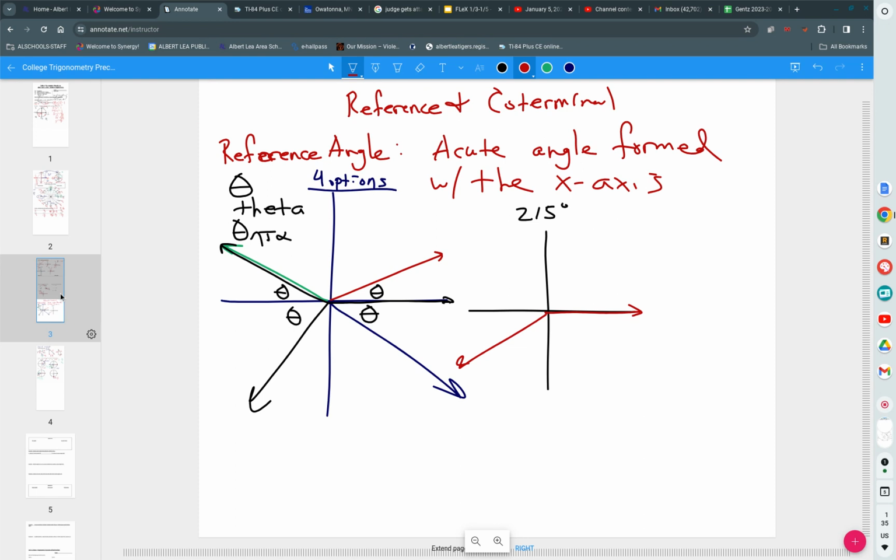And so if this is a 180 degree measurement and this is a 215 degree measurement, we want to be able to find that angle. So how far past 180 is 215? 35. Just 35 degrees. So that's your answer, 35 degrees. That's the reference angle.